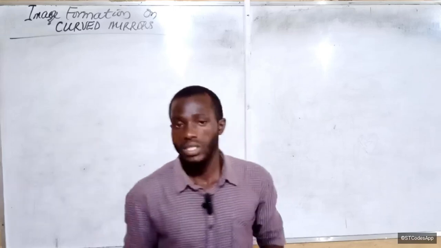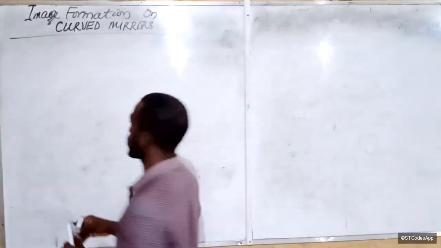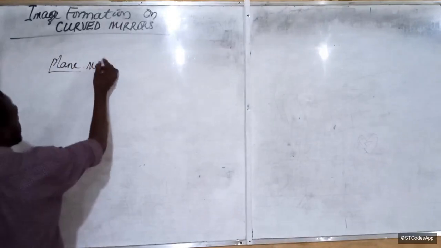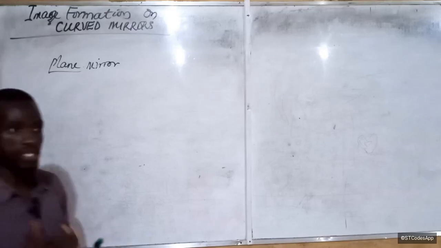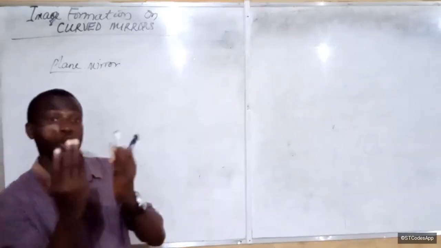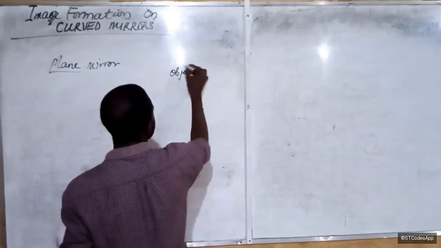All right. So first, let's talk about the difference between a curved mirror and a plane mirror. We have plane mirrors and we have curved mirrors. We have object and we have image.